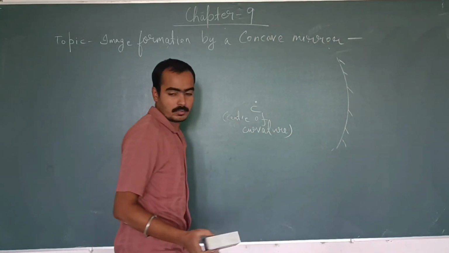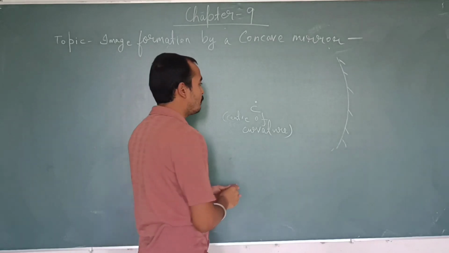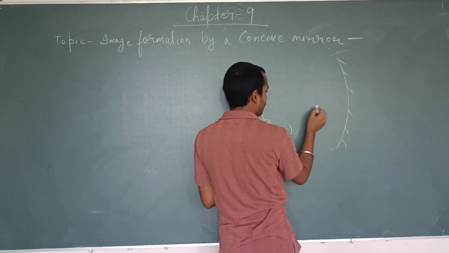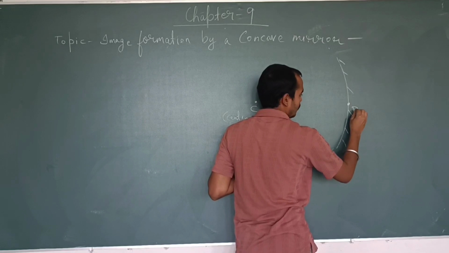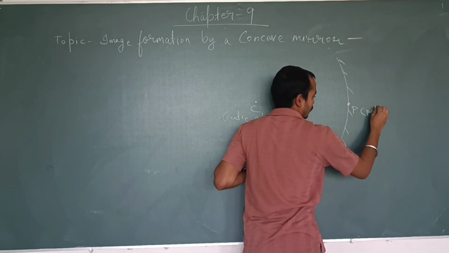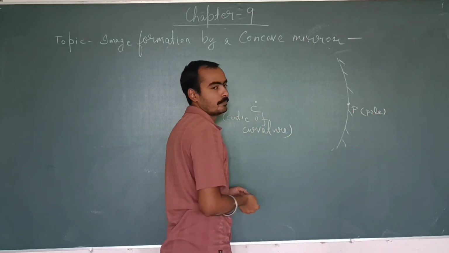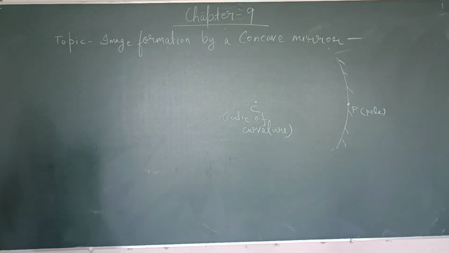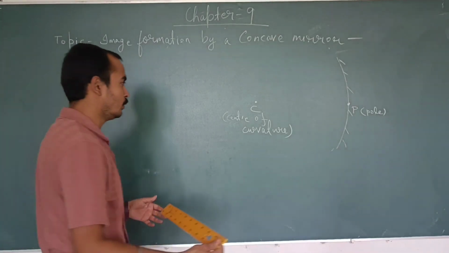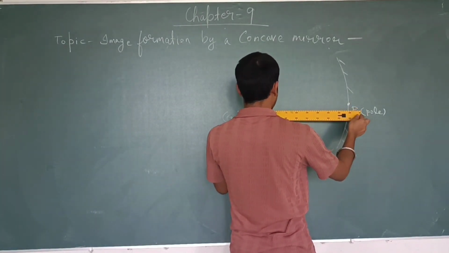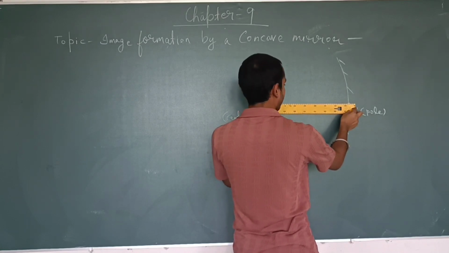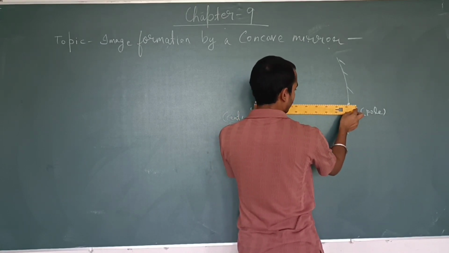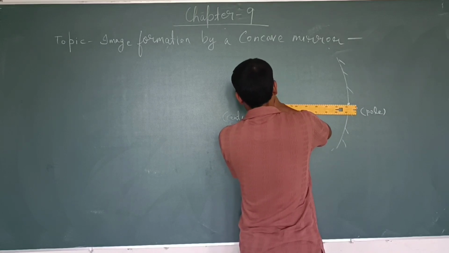Now, the midpoint of this concave mirror is called the pole, capital P. And we do the joining.